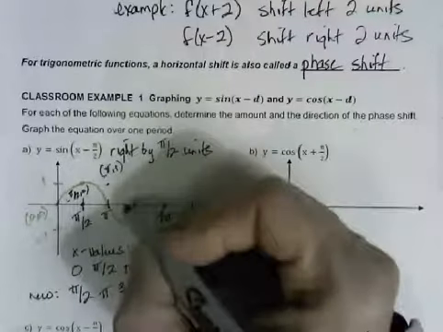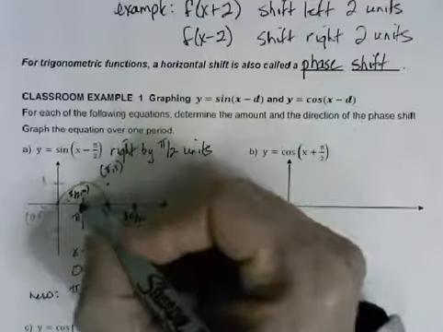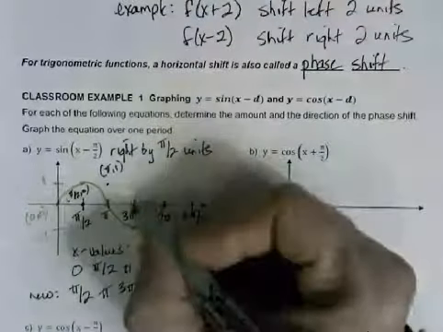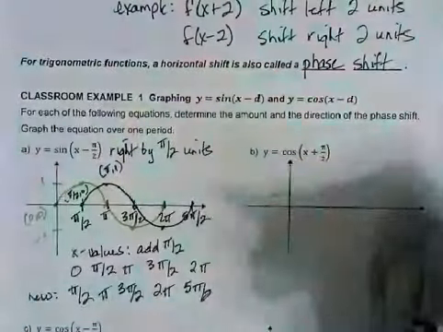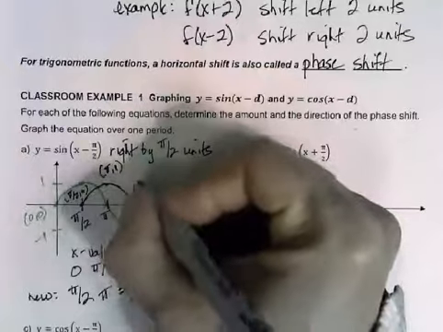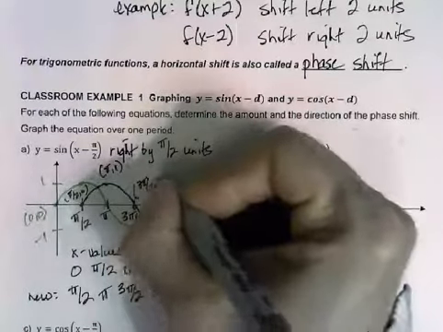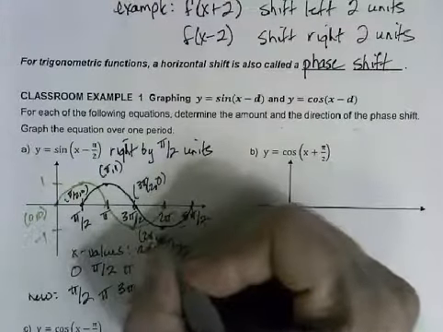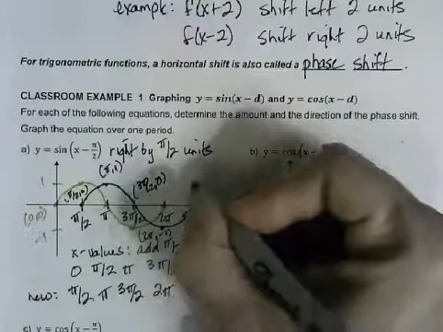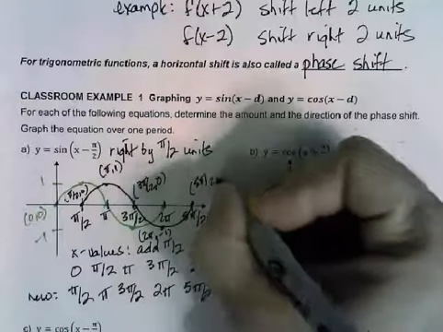I'm still going through those same 5 points, so I'm starting on the x-axis, going up to 1, back to the x-axis, down to -1, and then back to the x-axis for the end of the cycle. So now I can label the rest of these points. I've got 3 pi over 2, 0, 2 pi, -1, and 5 pi over 2, 0.